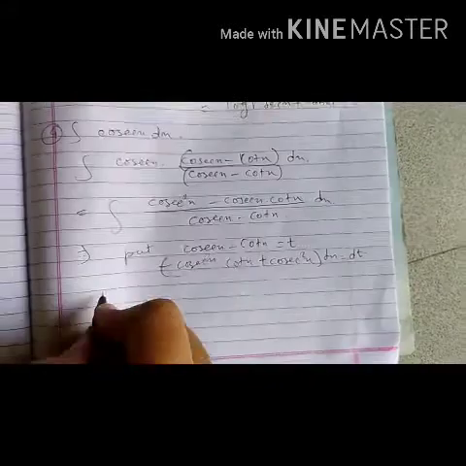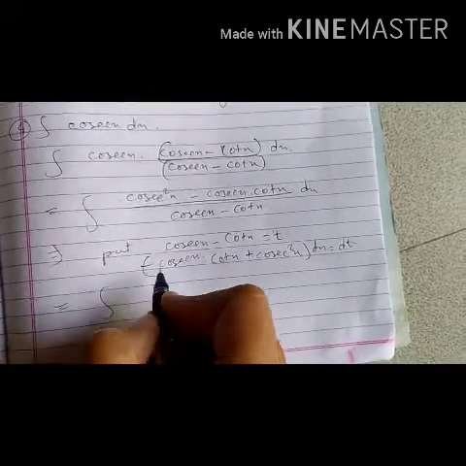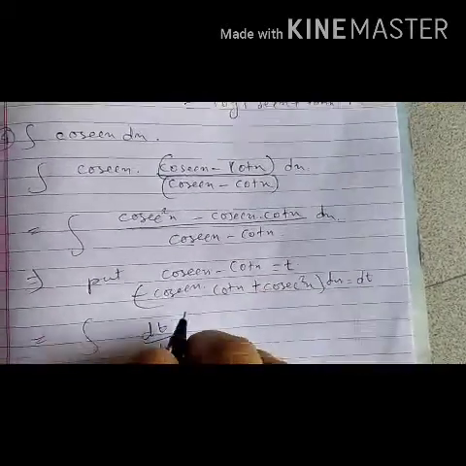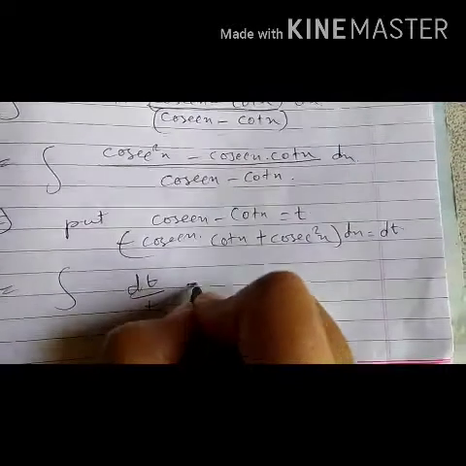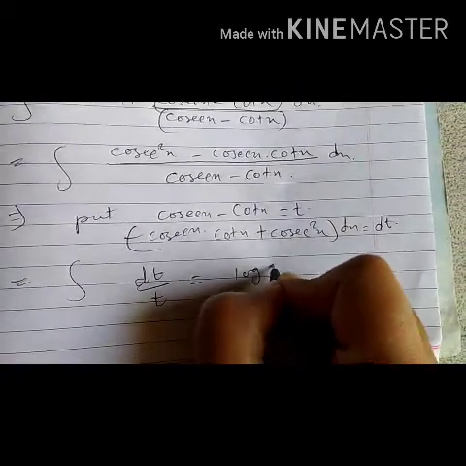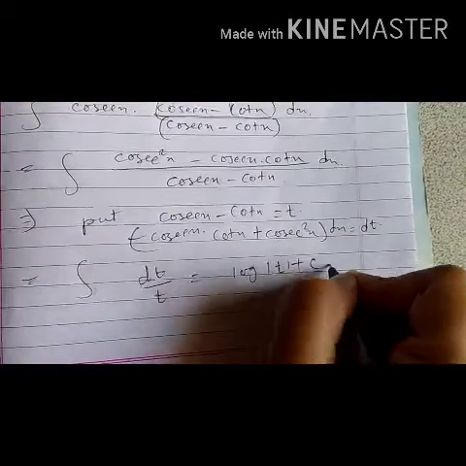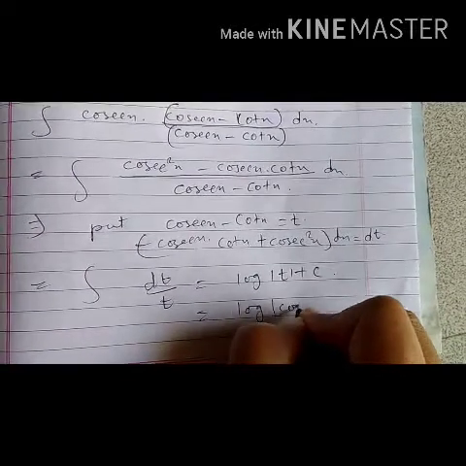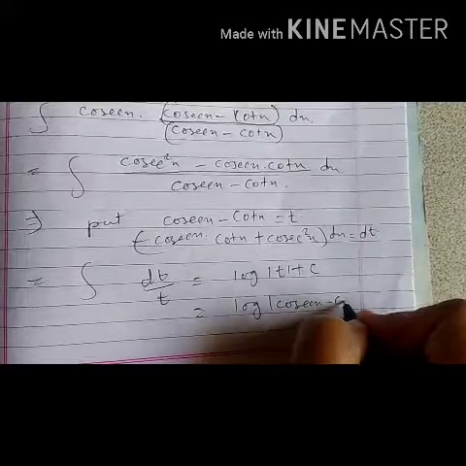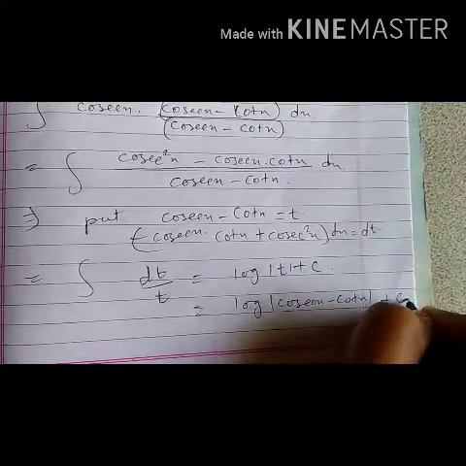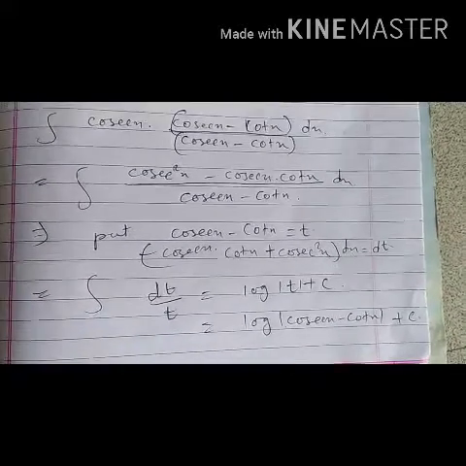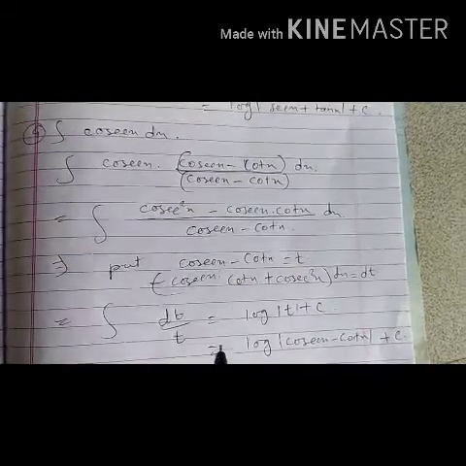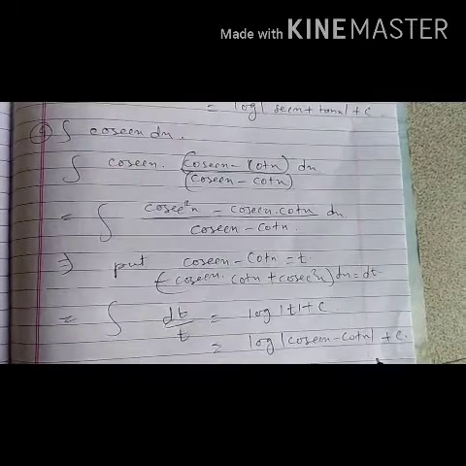So this integral will be integration of dt upon t. Getting? So it is equal to log of mod of t plus constant of integration, and t is cosec x minus cot x, so log of mod of cosec x minus cot x plus constant of integration. Understood? So the integration of cosec x is log of mod of cosec x minus cot x.